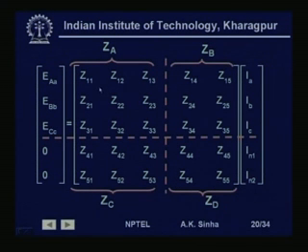So, we have 3 submatrices: Za, which is a 3 by 3, Zb, which is a 3 by 2 matrix, Zc, which is a 2 by 3 matrix, and Zd, which is a 2 by 2 matrix.